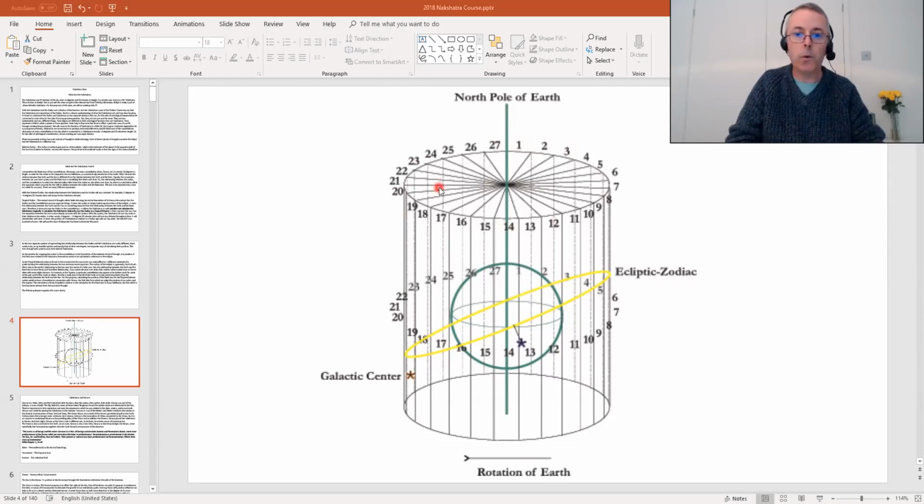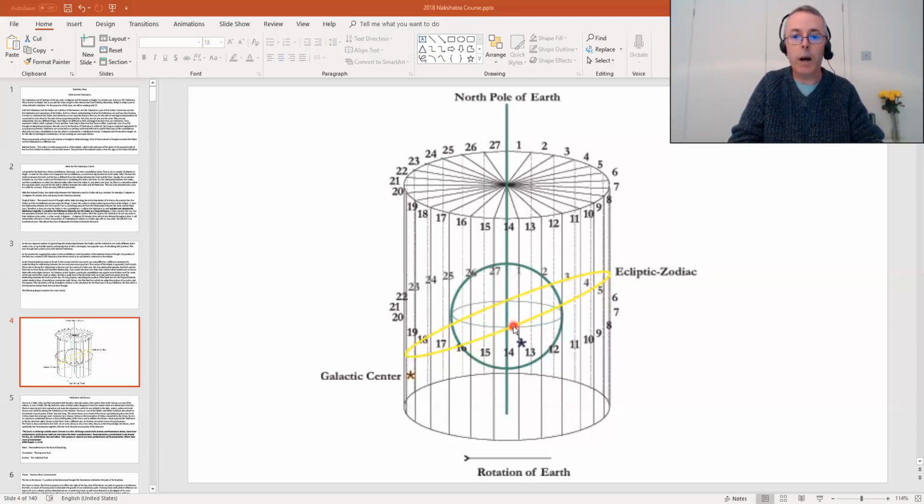Okay? So with the sidereal zodiac, what they are doing is they're taking a fixed star and they're judging its position out in space based upon where it intersects the ecliptic. Okay, so they use the ecliptic coordinates in order to determine that.